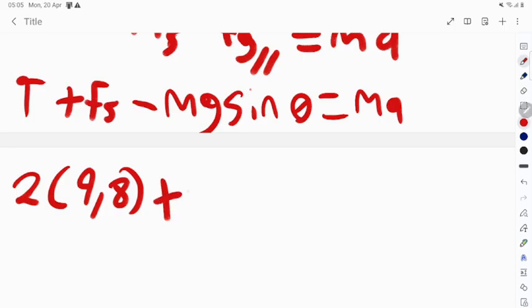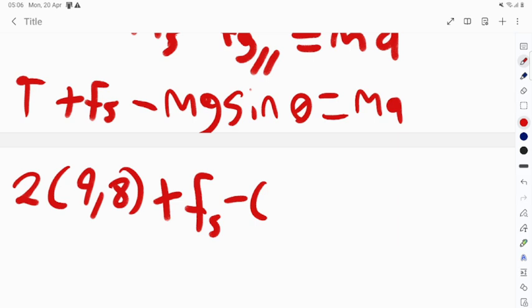So 2 multiplied by 9,8 plus, we are looking for the frictional force, minus the mass. But now obviously I used 2 here because I used the tension on the 2 kg block. But now this mg, we are looking at the 10 kg block.